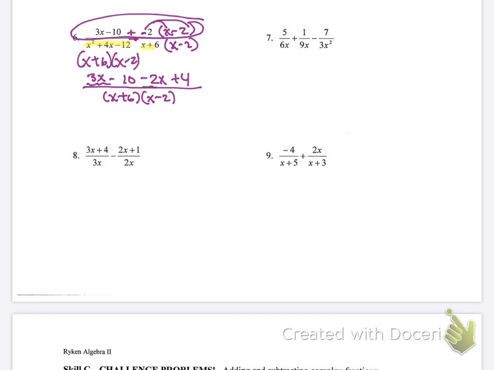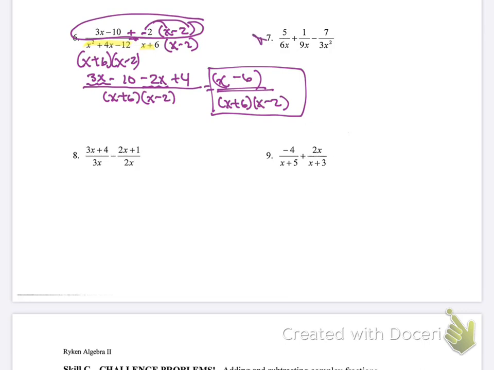So 3x minus 2x is just x. Negative 10 plus 4 is negative 6. And then on bottom, I had x plus 6, x minus 2. So even though they look the same, like there's an x minus 6 and an x plus 6, you can't go any further. So it's actually as far as we can go.